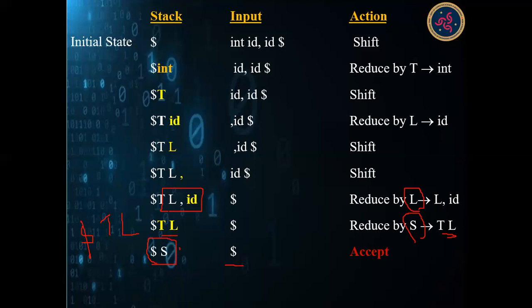That is what we are doing in a reduce operation. Finally we have the last action, that is the accept action. That is, we have accepted the given string for this given grammar by using a shift reduce parser. Okay, I hope it is clear. Thank you.